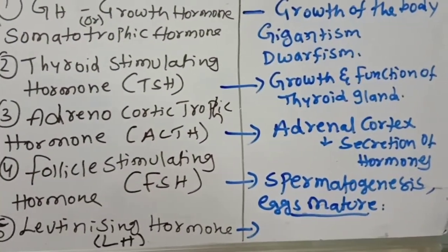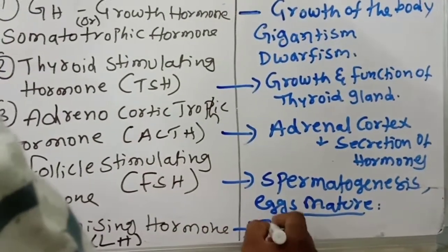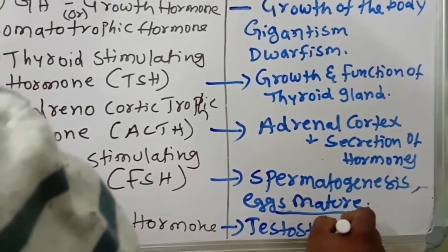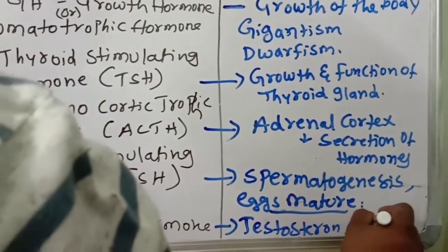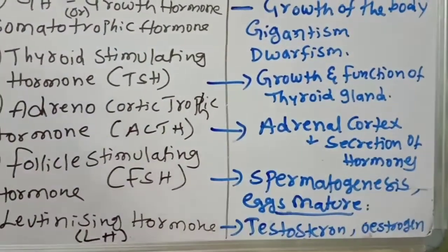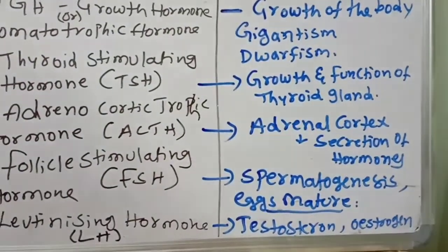The next one, luteinizing hormone, stimulates the secretion of testosterone in males, and estrogen and progesterone in females.